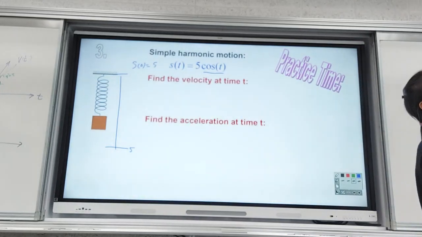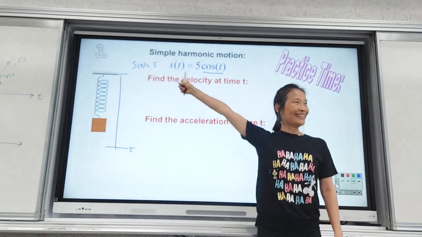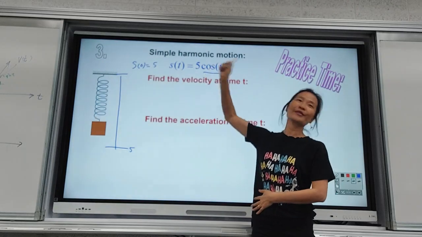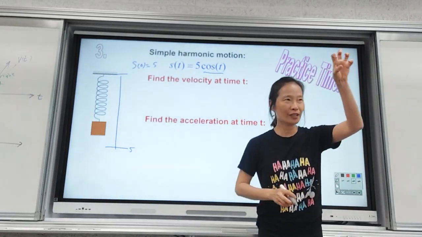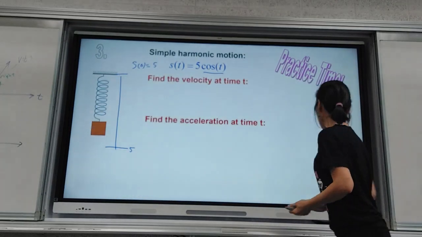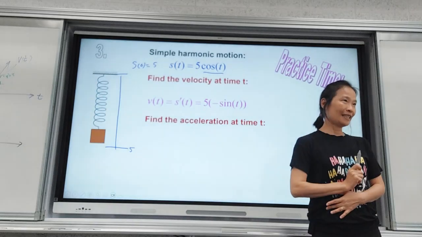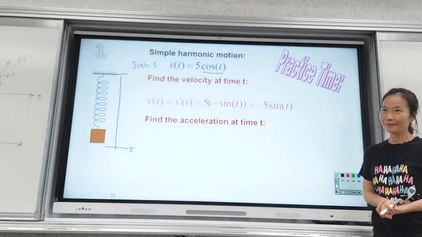Are you doing product rule? Yeah, this is just a coefficient, right? 5 times cosine. So when we differentiate, keep the coefficient and differentiate that. So it should be 5 times negative sine t. So it's just negative 5 sine t.